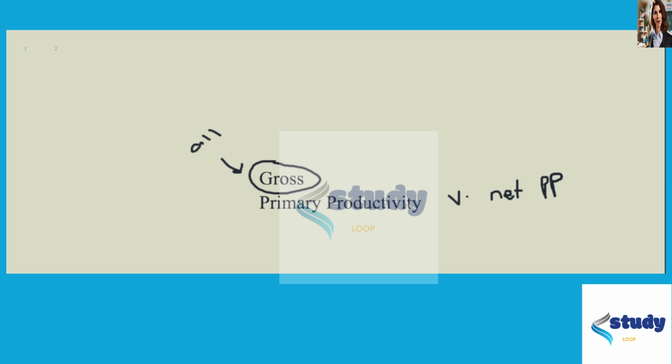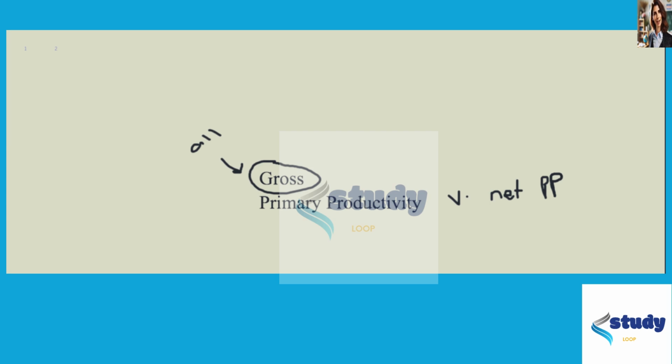So option A fits more under the gross primary productivity headline because it's just a simple rate of energy exchange. It doesn't limit us. It's just everything that's available. B would be more under net primary productivity because it's energy that is left after the plants have undergone their biological functions.